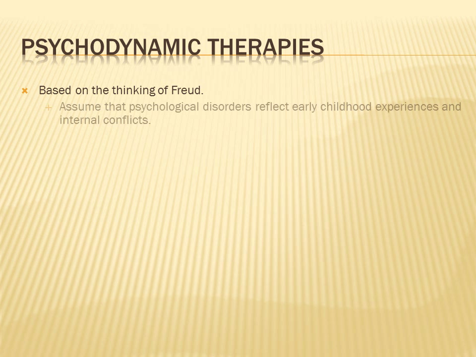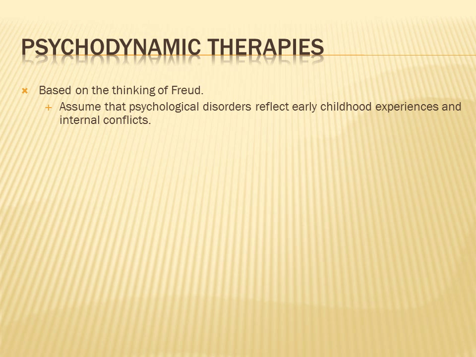He assumed that all psychological disorders are a result of early childhood experiences and internal conflicts which arise from those experiences. In particular, he thought that there was either some sort of blockage or overindulgence of physical, or what he called sexual, satisfaction or dissatisfaction during various stages of life from infancy on, and we're going to talk about those.